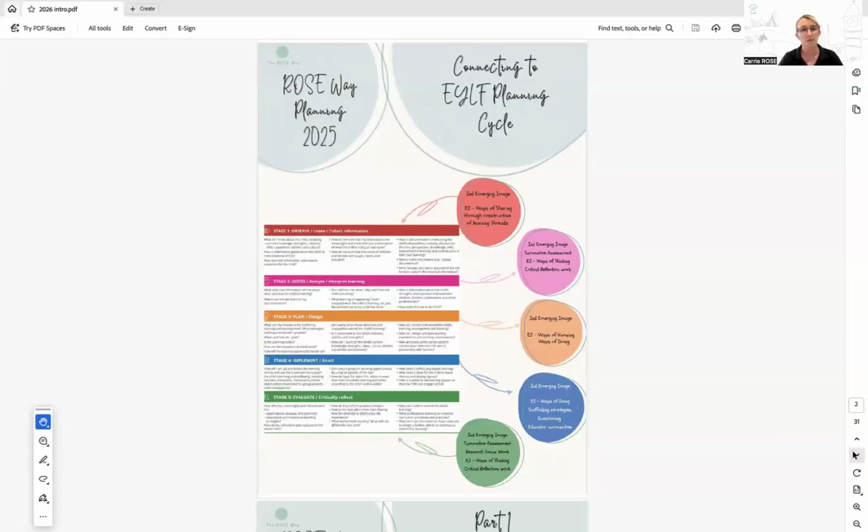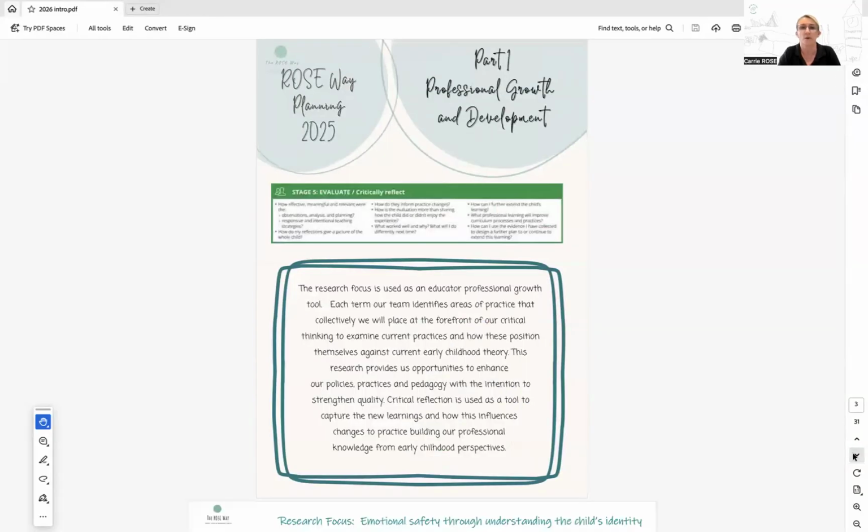So there are 4 elements to Roseway planning. The first element is around professional growth and development, and this is what we call the research focus. At the start of each term, as a team, you would decide whether and what you would like your team to dig deeper into in critical thinking and reflection. It might be a particular topic of practice.